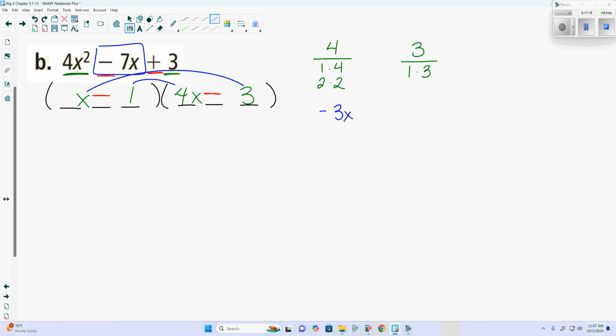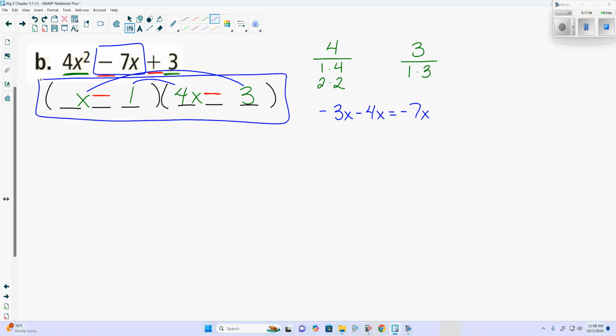Our negative 1 times 4x is negative 4x. And negative 3x minus 4x is what? Negative 7x. Is that the middle term we wanted? Yes. So these are the correct factors of this here.